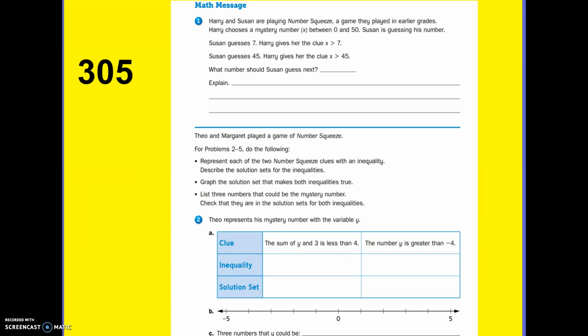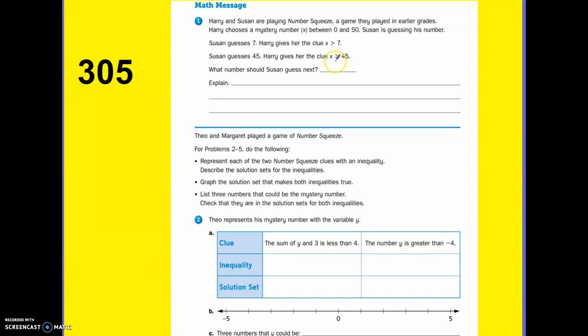So if Susan guesses 7, Harry gives her the clue that 7 is less than his mystery number, or x is greater than 7. Susan guesses 45 next. Harry gives her the clue that x is greater than 45. So what should Susan guess next? We could guess 46, 47, 48, and 49 because all of those numbers are greater than 45, but they're still between 0 and 50.